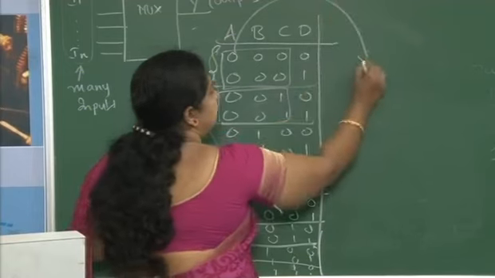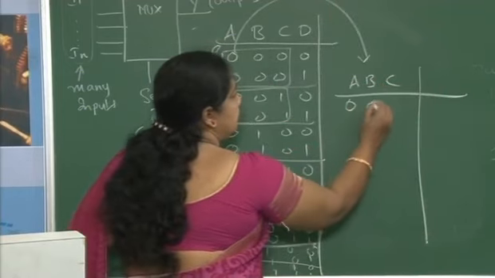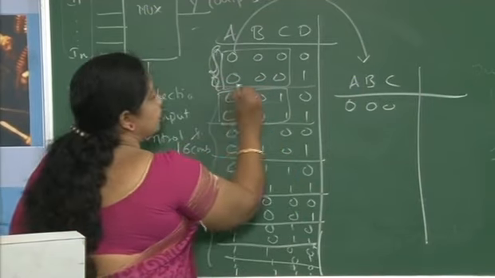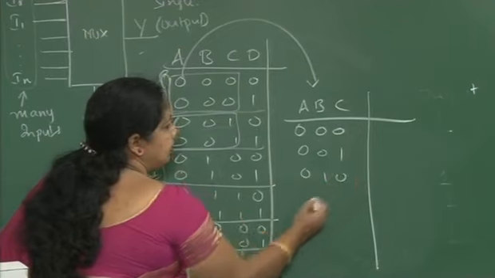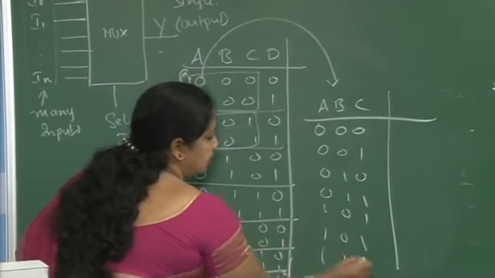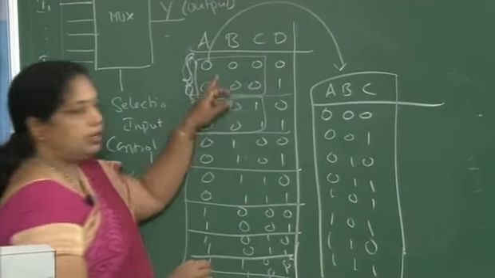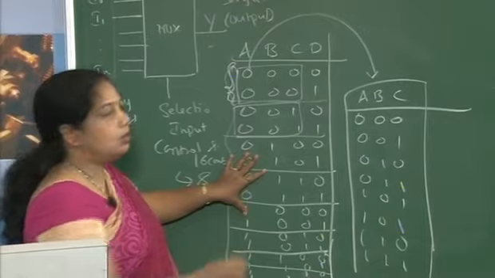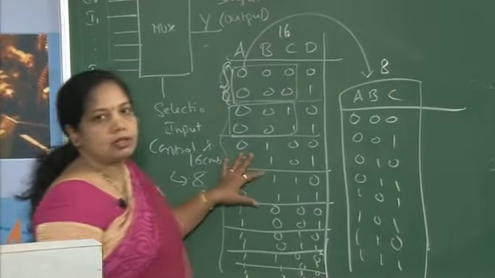So I'll eliminate, I write like this: 0 0, this two together 0 0, then 0 1, 0 1 0, then 3, 4, 5, 6, 7. My truth table has been reduced from 16 combinations to 8 combinations.